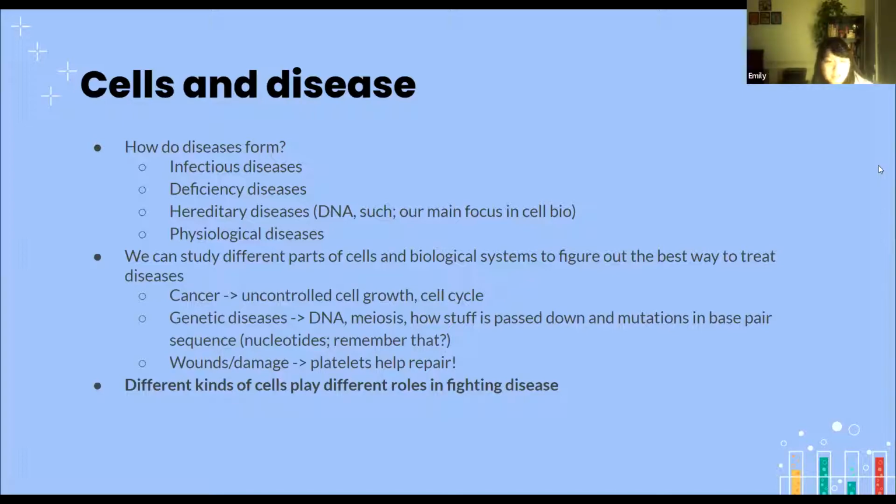An example of a disease regulated by the cell cycle is cancer, which is when cells grow out of control. There's a very direct correlation between the operation of cells and the formation of this disorder. Other examples of how cells play in are DNA and passing on genes.